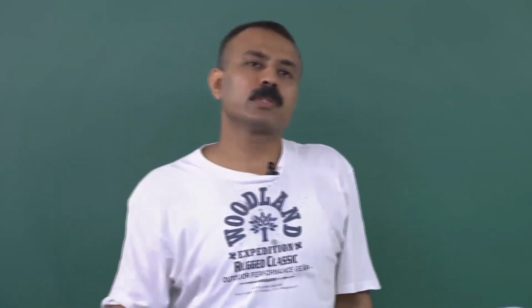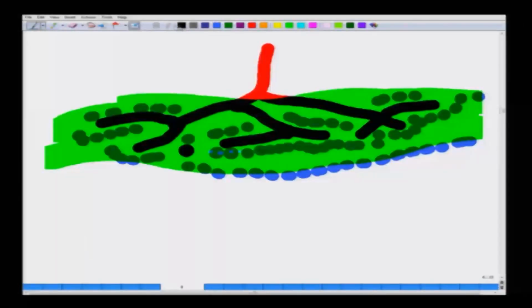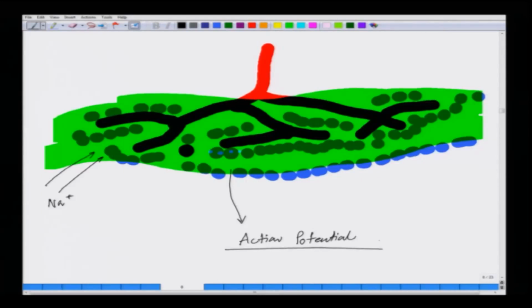Once it binds, it leads to the influx of sodium into the muscle, and that sodium leads to the generation of an action potential by the muscle. So, if we have to put it in perspective, think what all happened.